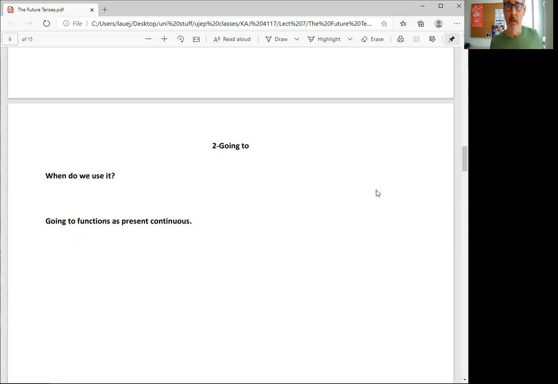Going to is present continuous grammatically, but it almost exclusively, 100%, has an idea of the future. And with going to, we generally connect a verb after it, but we don't have to, though very often we do.